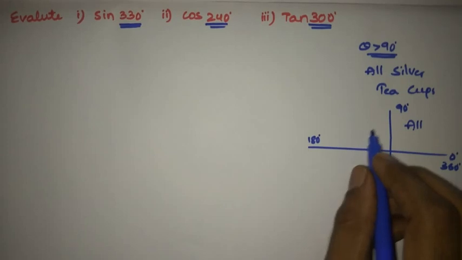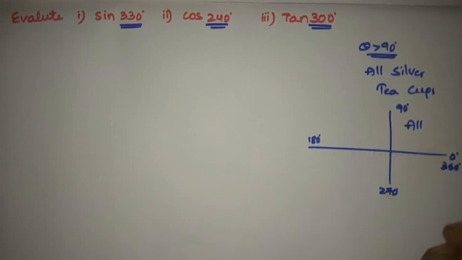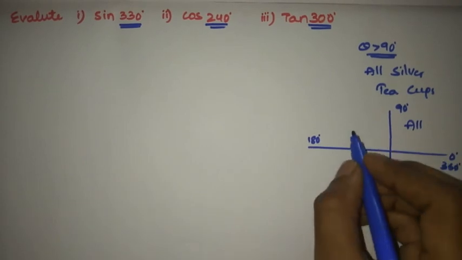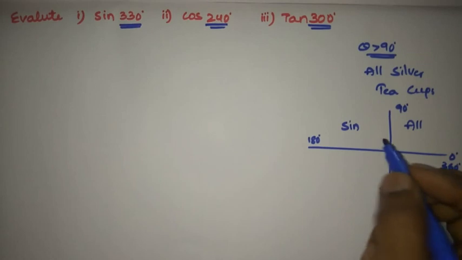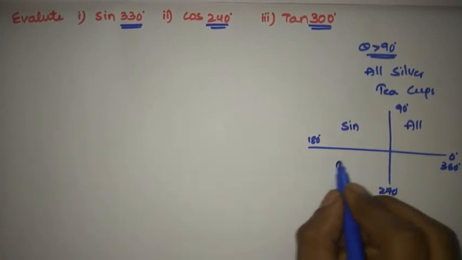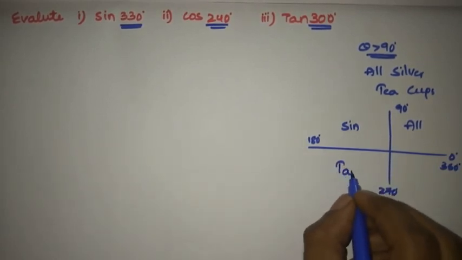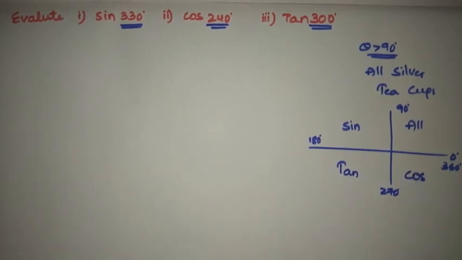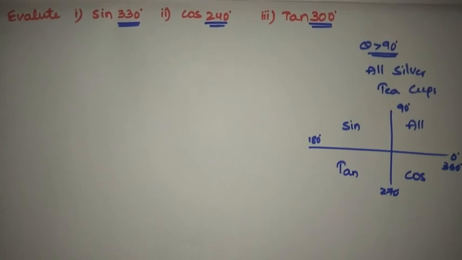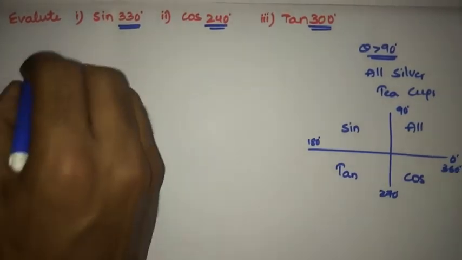If theta lies between 90 and 180, here sine and its reciprocal are positive. In quadrant 3, tan and its reciprocal are positive, and in quadrant number 4, we have cos and its reciprocal as positive values. So we need to evaluate these values.